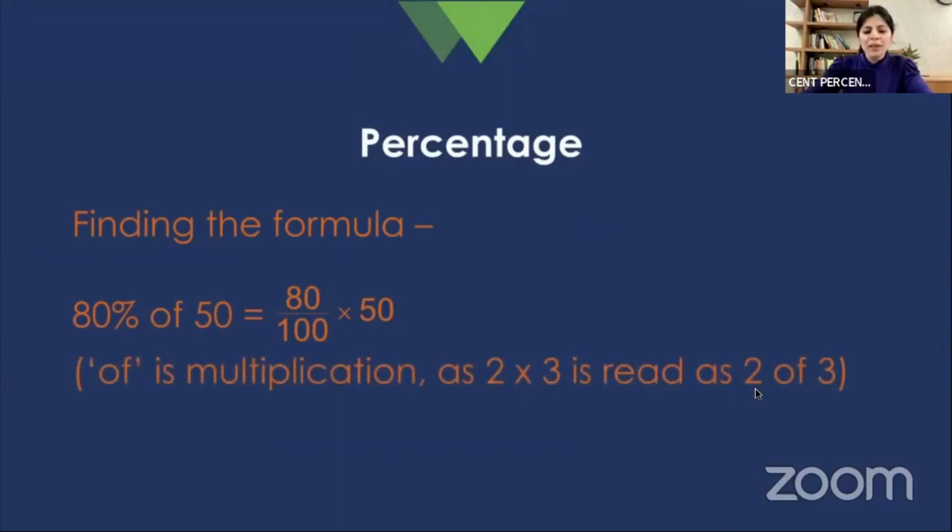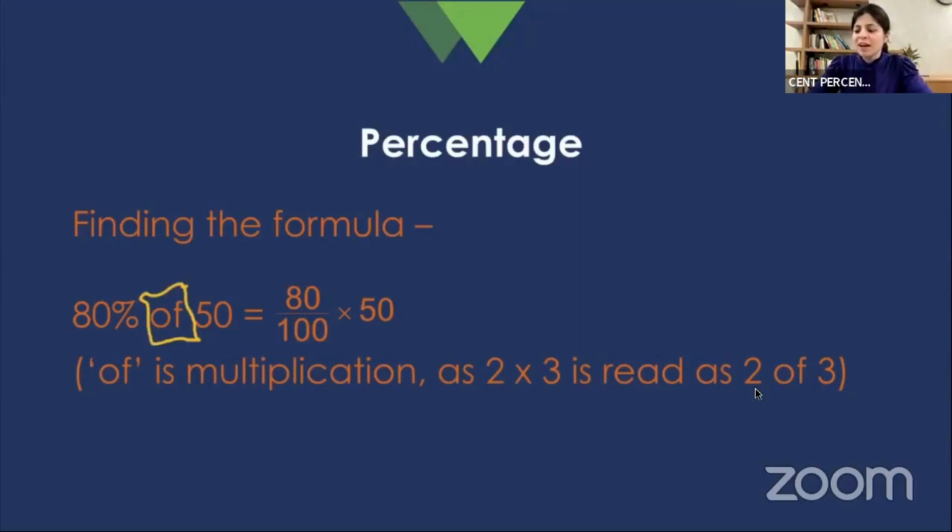And a very beautiful thing I want to tell you. Usually with percentages, we write 80% of 50. So this "of" signifies multiplication. "Of" signifies multiplication. So 80% of 50 means 80 by 100 into 50.